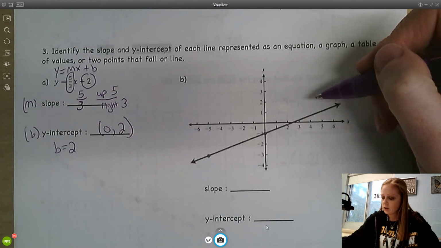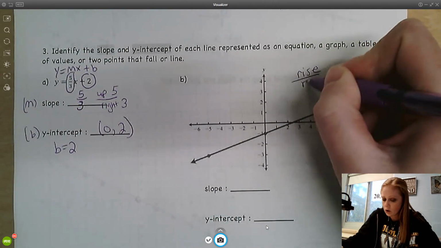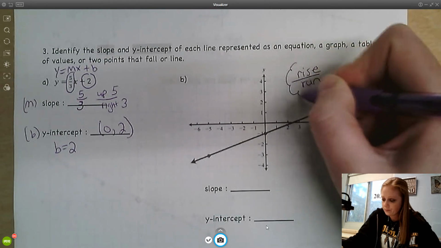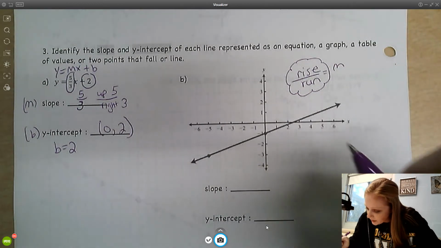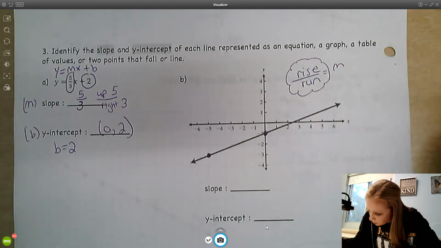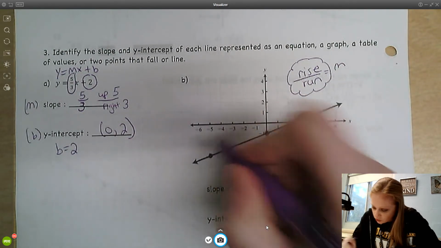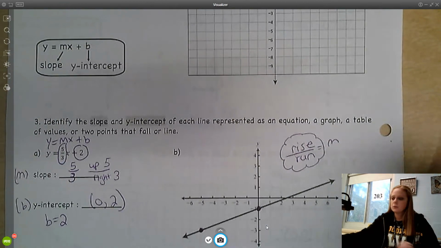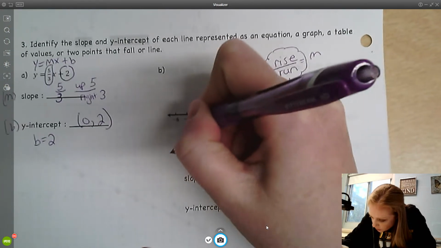Now our graph. To find slope on a graph, we do rise over run. So you have to find 2 points, and well, they look like they identified some points for us, so I'm just going to use those 2. Go from left to right, just like how we read from left to right. Our rise to get to this point is going to be 1, 2.